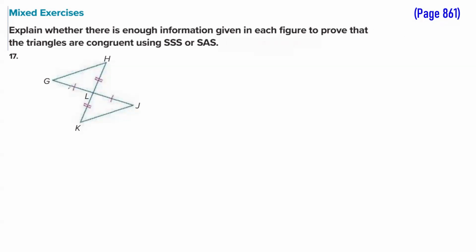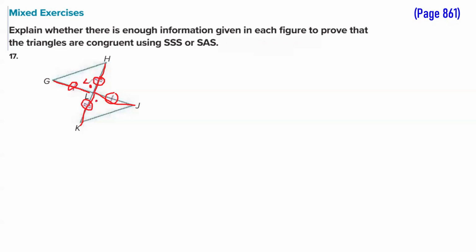As you see here, it is given that the side GL and the side JL are congruent, since they have that mark. And the side HL is congruent to the side KL, since they also have the same mark, as you see. In addition to that, I can easily notice that this angle is congruent to this angle.